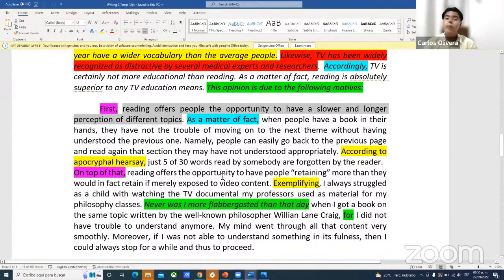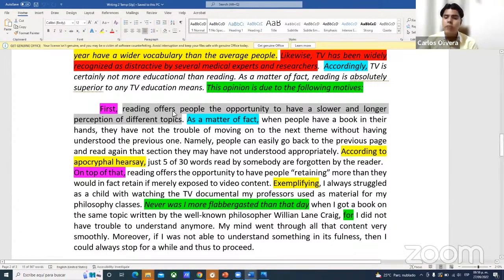That is my argument. My first argument to say that reading is superior to any TV education means is that reading offers people the opportunity to have a slower and longer perception of different topics. This is an argument that I made up. You can make up any type of argument. You don't have limitations here nor boundaries. You can write down whatever you want. No limits in here.